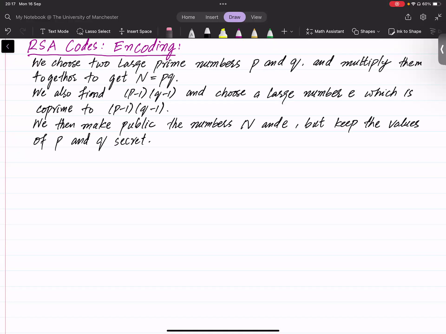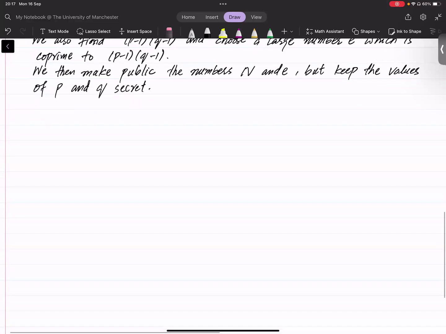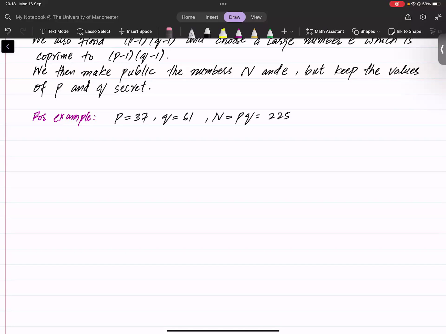So we shall illustrate the discussion with values. Let's say we have P equals 37, Q equals 61, then N is their product, which is 2257.